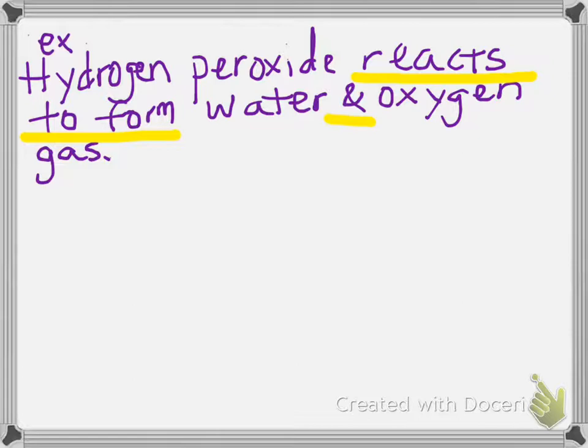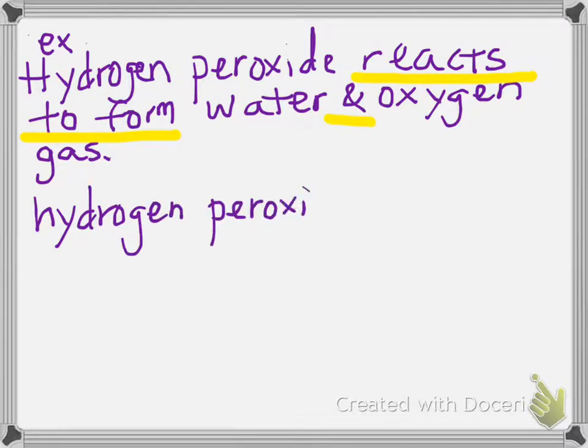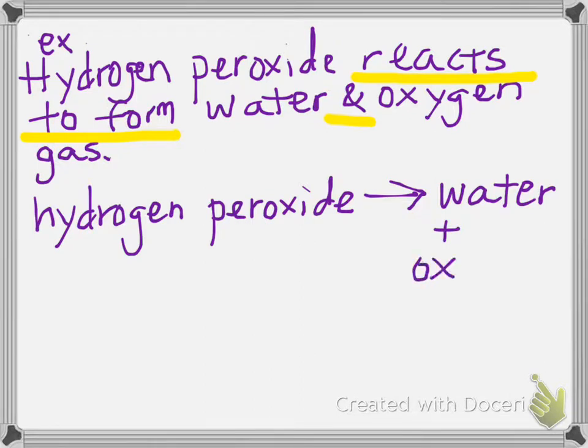Okay, so the word equation for this one is hydrogen peroxide, our arrow, water, plus oxygen. We can even leave the gas out because that's extra information that we really don't need.